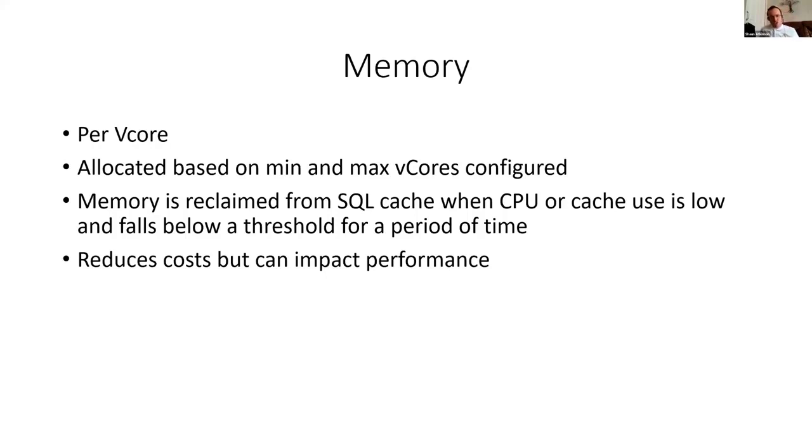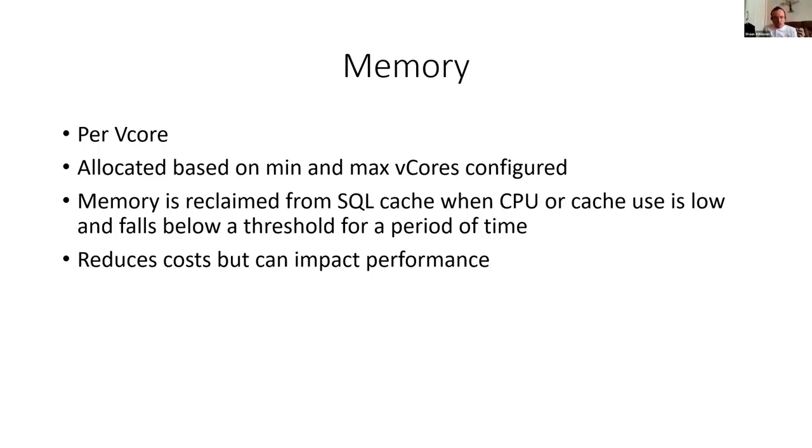An important thing to say about memory is when your workload drops in the background, the memory that it was previously using will be reclaimed. The reason for that is so that Microsoft can pass on those cost savings to you, because that memory was previously being used by the workload, it no longer needs now.